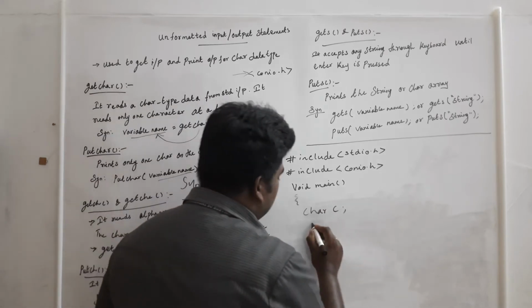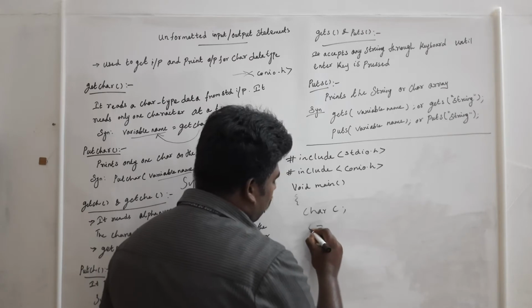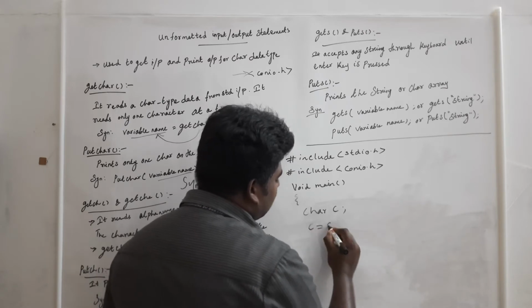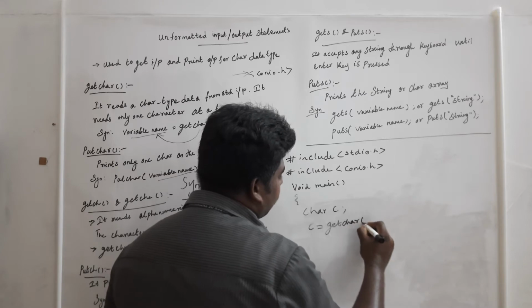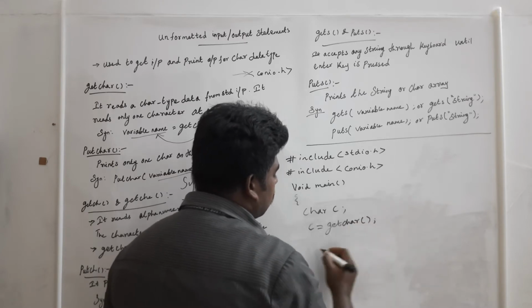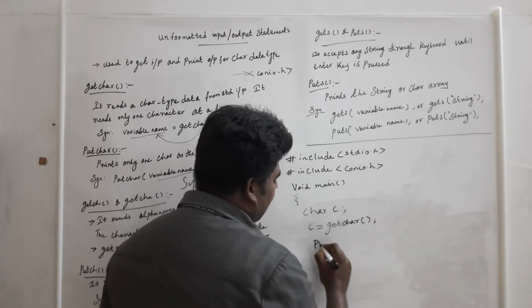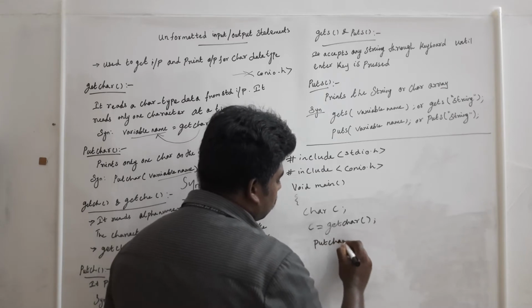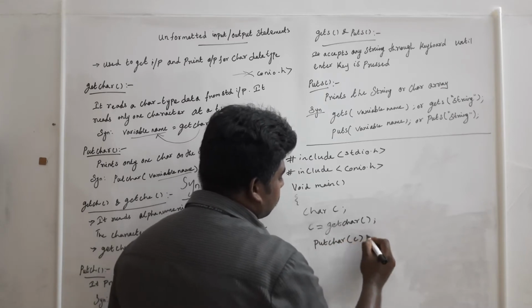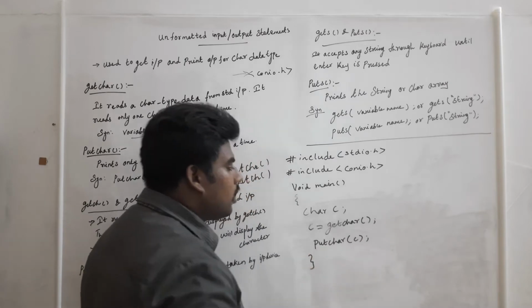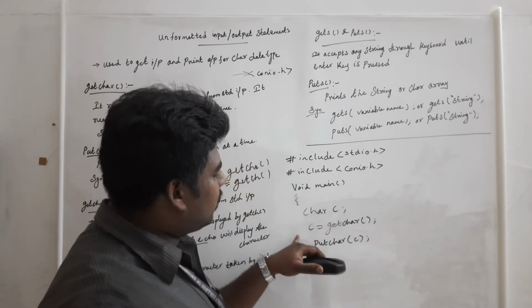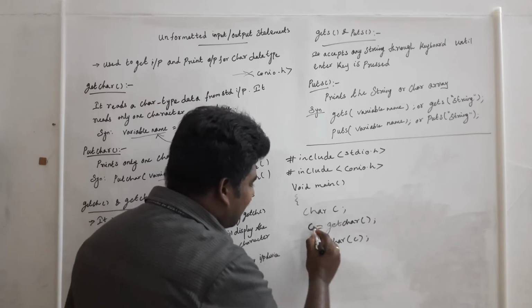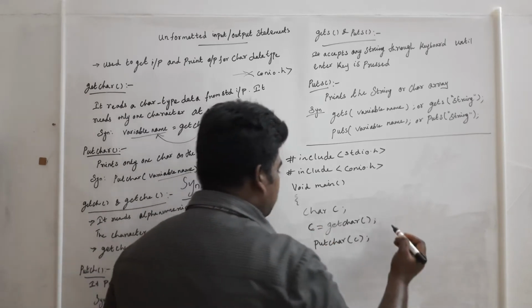Now C equal to getchar of, because I want to get the input, right? Then putchar of C. Okay, I will explain this program. First I declare the variable character C. Now for this character C I want to get the input.